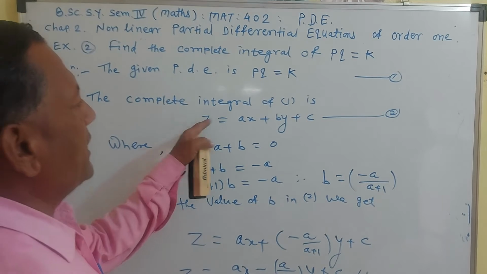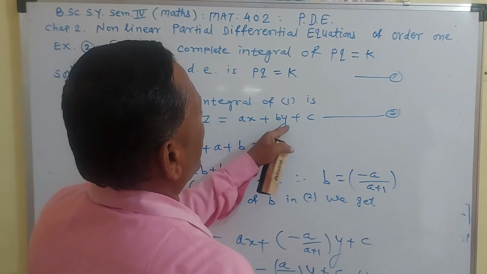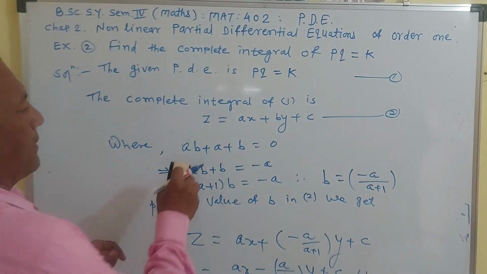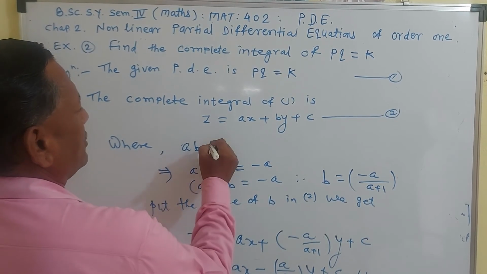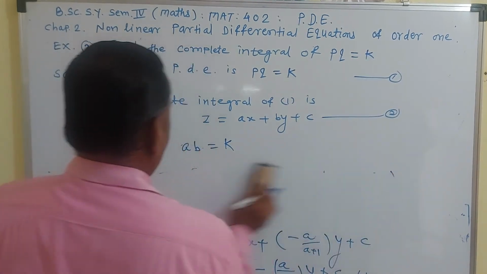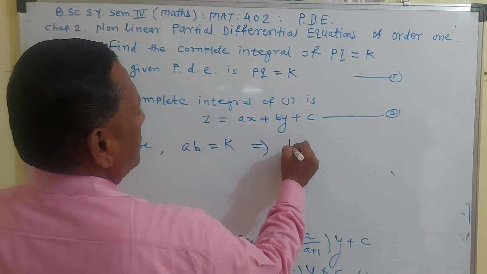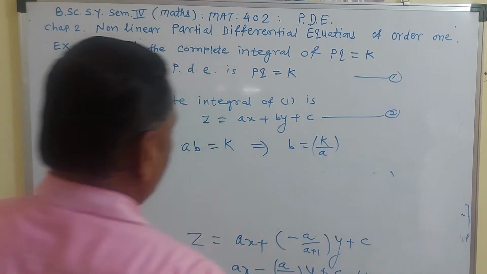Therefore, the complete integral of equation 1 is z is equal to ax plus by plus c, where pq is equal to k means ab is equal to k. Now from this, what is the value of b? This implies b is equal to k upon a.